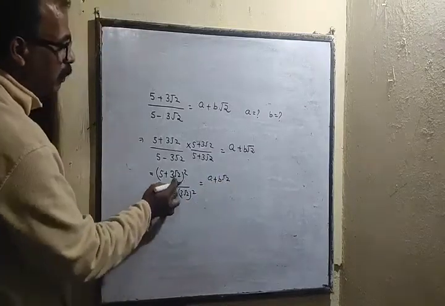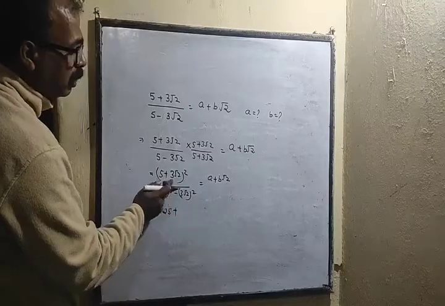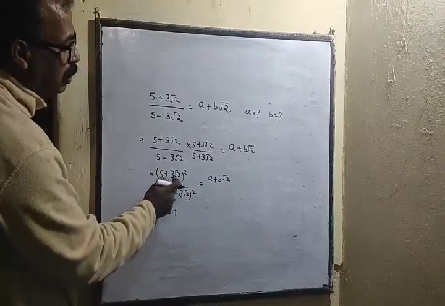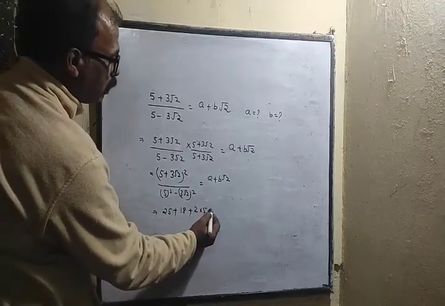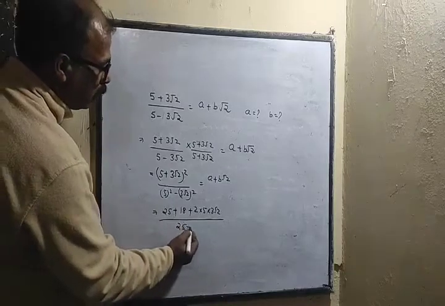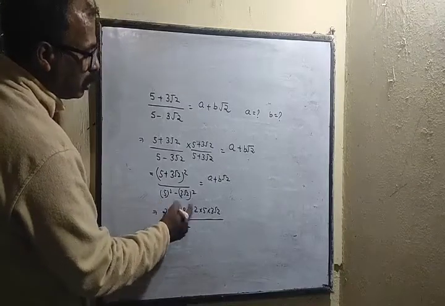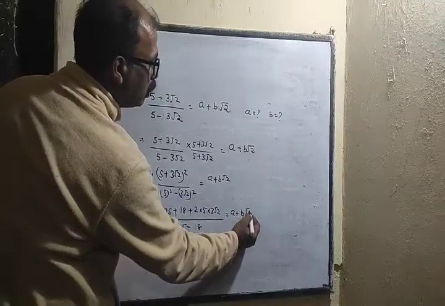We'll solve it. In a plus b whole square, a square is 5 square, 25, b square is 3 root 2 whole square, 3 square is 9, 9 times 2 is 18, and 2ab will be 2 into 5 into 3 root 2, divided by 5 whole square is 25 minus 3 root 2 whole square, 9 times 2 is 18, that is equal to a plus b root 2.